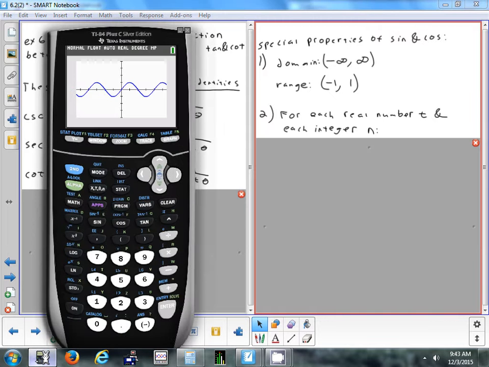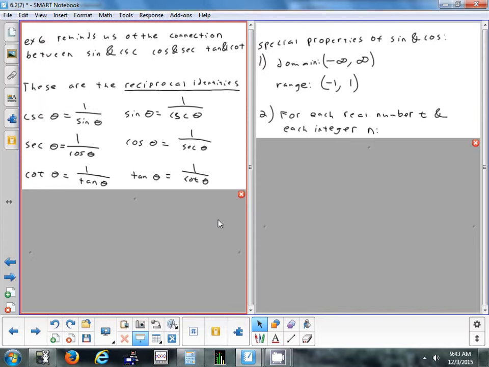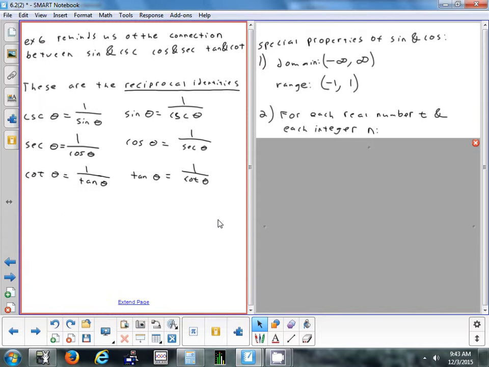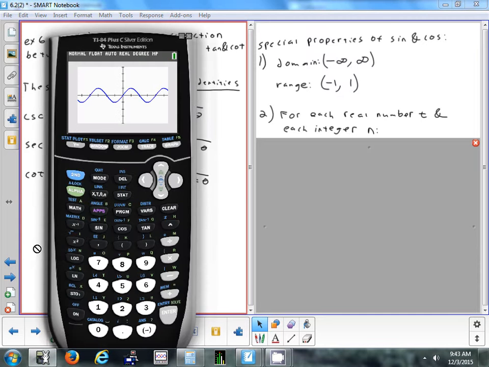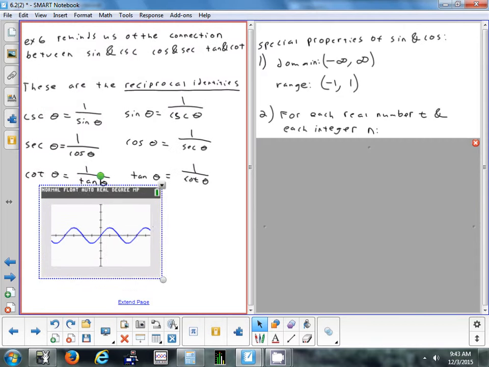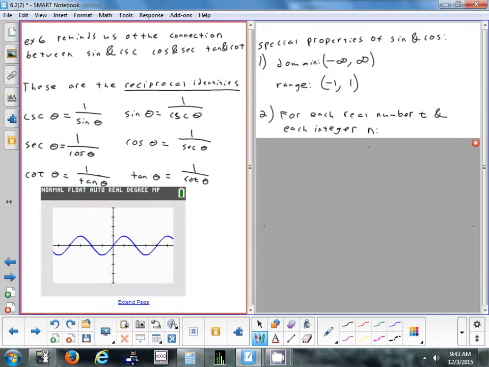And the last idea is, if you look at this function, what's really happening is it's repeating itself. We'll get a copy of it here. If you just look at this section, that section that I just tried to highlight summarizes the entire graph.